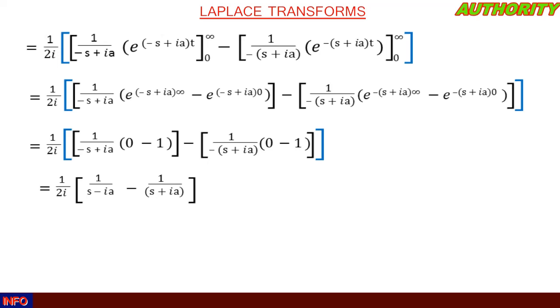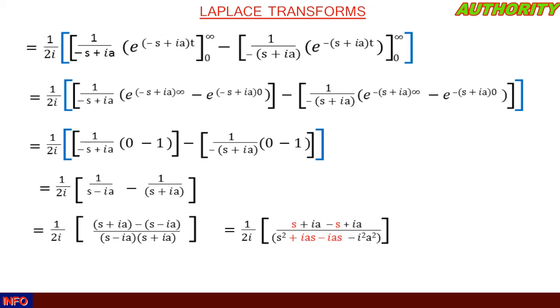Okay, so dividing and multiplying, we're going to have s plus ia minus (s minus ia). Now when you open the bracket, we have s plus ia minus s plus ia, all over, multiplying the denominator, s squared plus ias minus ias minus i squared a squared.